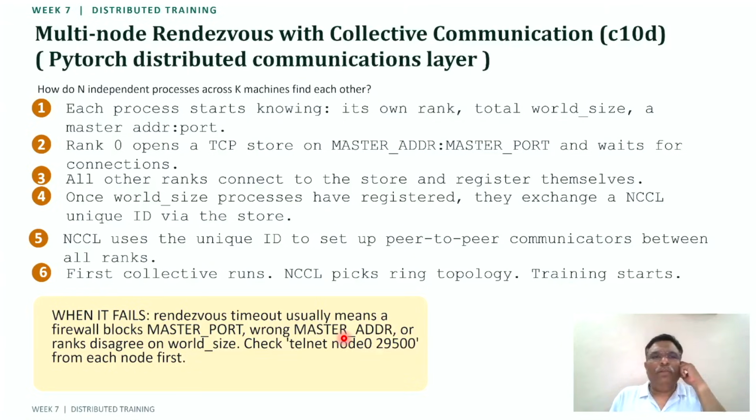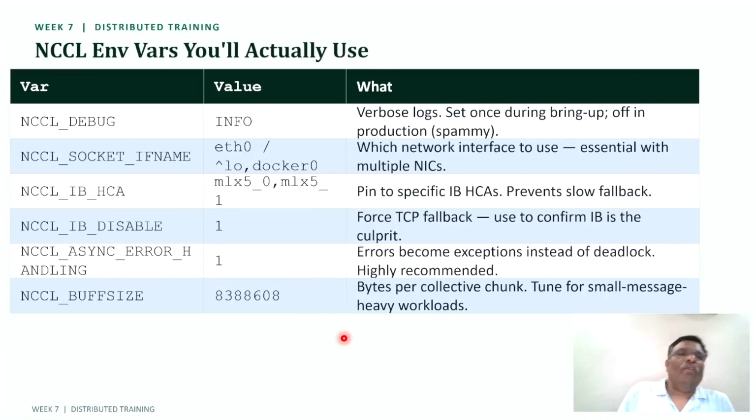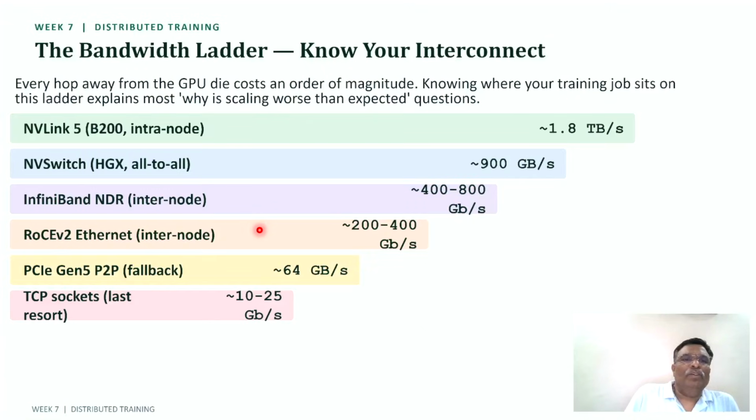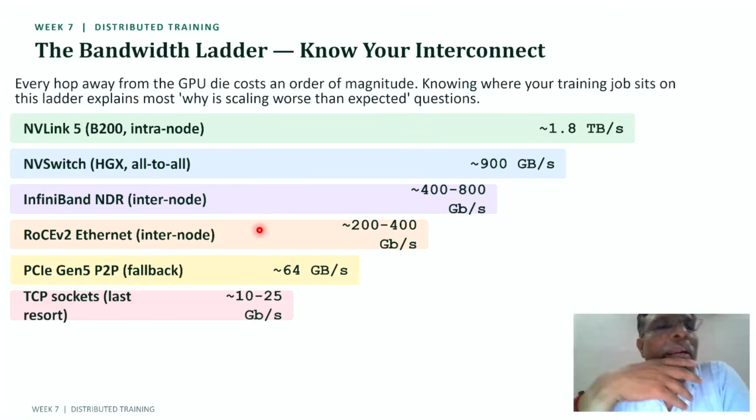PyTorch gives you that type of API, and then there is the communication layer, C10D. Not going into the details again, but this is what NCCL debug, socket name, and Ethernet interface we use, and how do you force the TCP fallback. All of those things, of how we use NCCL environment variables, and the bandwidth of the interconnects, which you should understand.